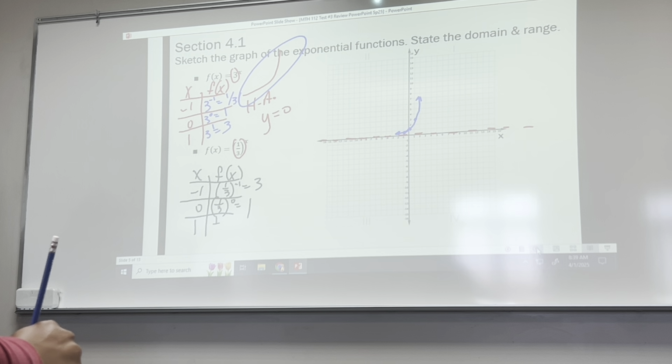And then 1/3 to the first, of course, is itself. I'm going to plot these in black and use the same grid. Negative 1, 3. I'm going to erase this one off. Negative 1 up 3. 0, 1, there's your y-intercept, over 1 up 1/3.